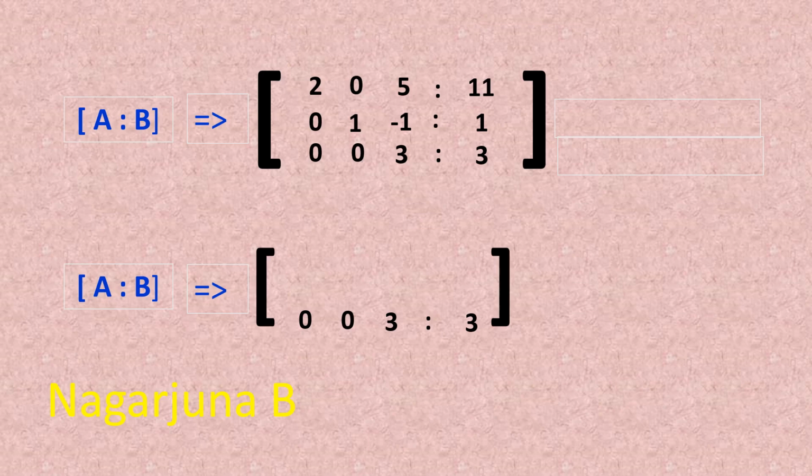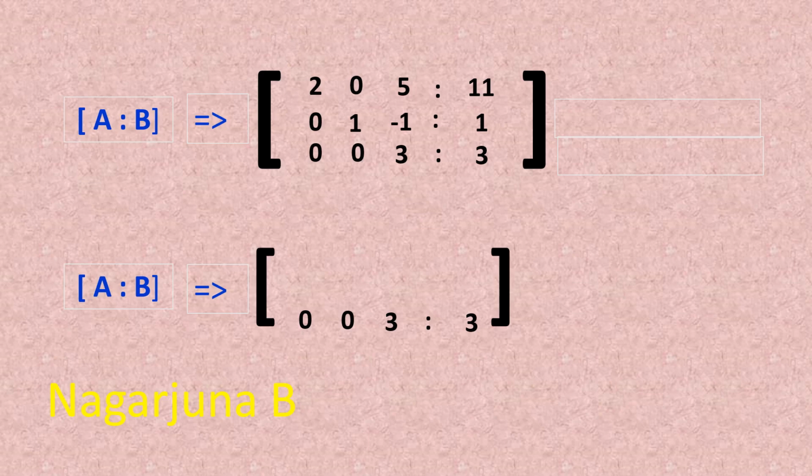Now the third element of R1 is 5 and you have to make this 0 by using 3. So 5 minus 3 will be 2. If you multiply the third row by any value, it will not be equivalent to 0. So what you have to do is multiply the coefficient of the third element of row 1 to R3 and the coefficient of the third element of R3 with R1.